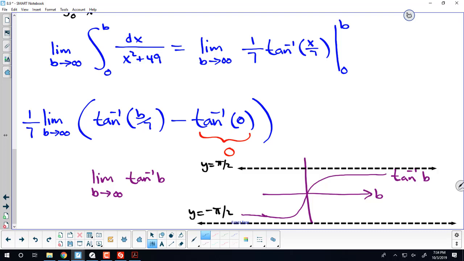So yet again, we're approaching infinity, but the function that resulted from the antiderivative doesn't approach infinity as its argument approaches infinity. Inverse tangent approaches pi over 2.